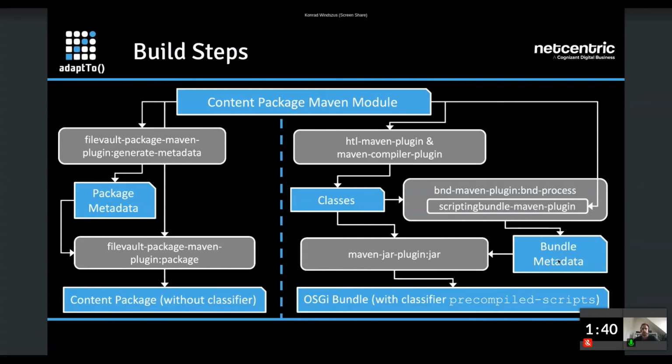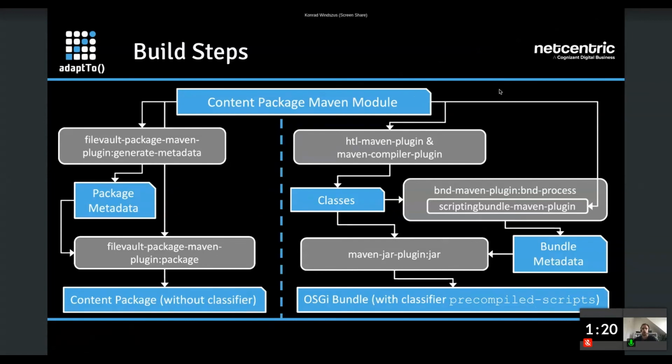Everything ends up in the manifest, and that manifest is packaged together with the servlet classes, and the Maven jar plugin then packages everything up in the resulting jar file. And that jar file has a dedicated classifier called precompiled-scripts.